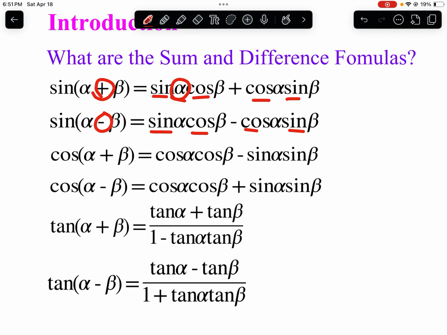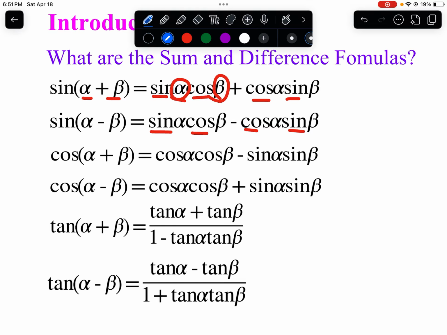Whether it's adding or subtracting, it still goes sine, cosine, cosine, sine. Alpha and beta are just the angles that we're adding together. We're either going to have those in our problem or be able to find them pretty easily.